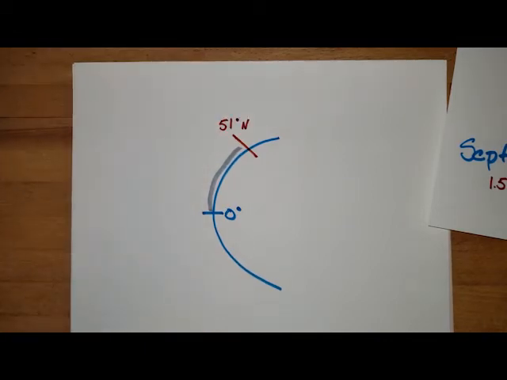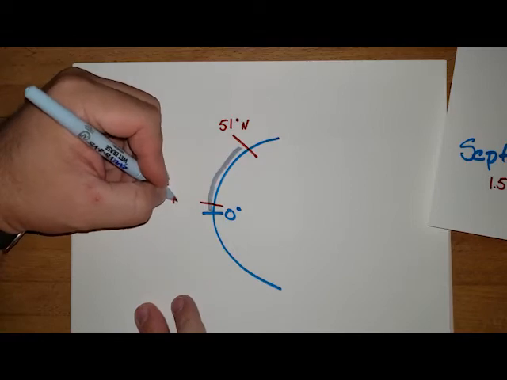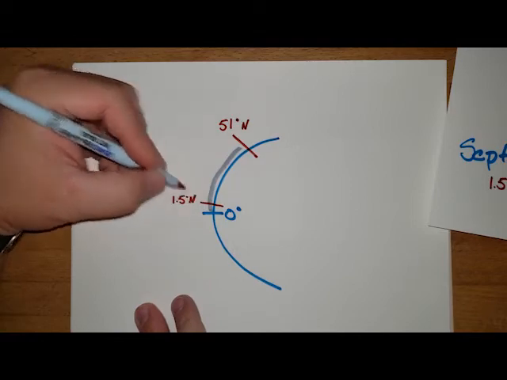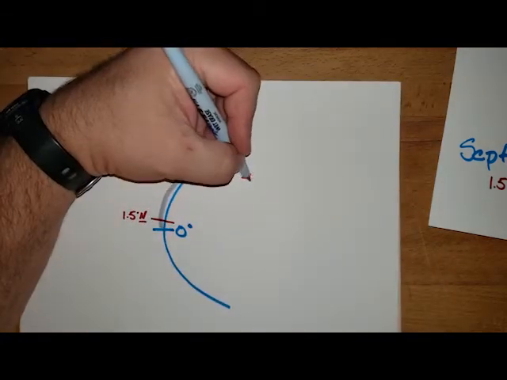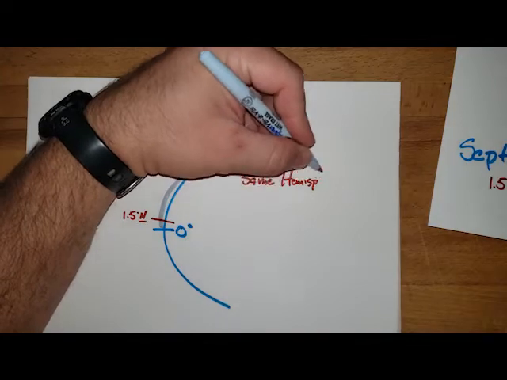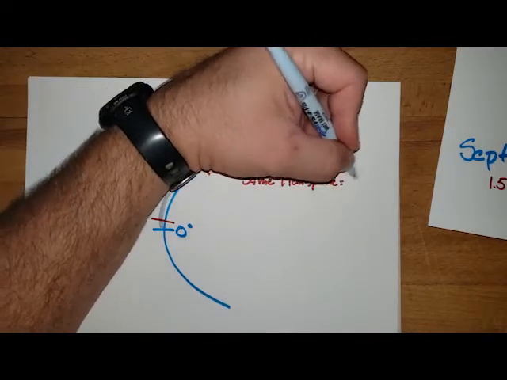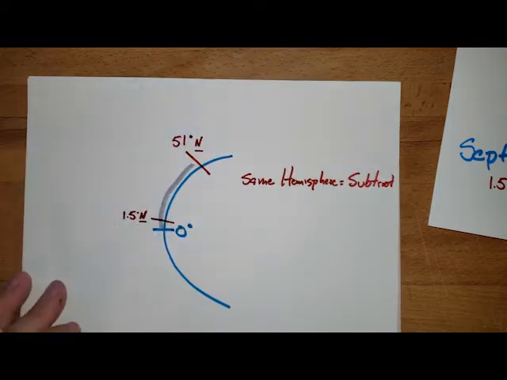The subsolar point is just above the equator, at 1.5 degrees north. These are both in the same hemisphere, so we subtract to get those values.